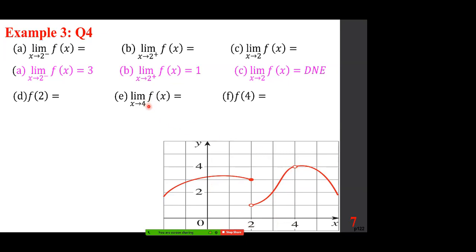So the limit is equal to the y coordinate, which happened to be 4. However, when it's asking for f of 4, what is f of 4? Let's look for a solid point. I don't see any. So I don't have it. It's undefined.